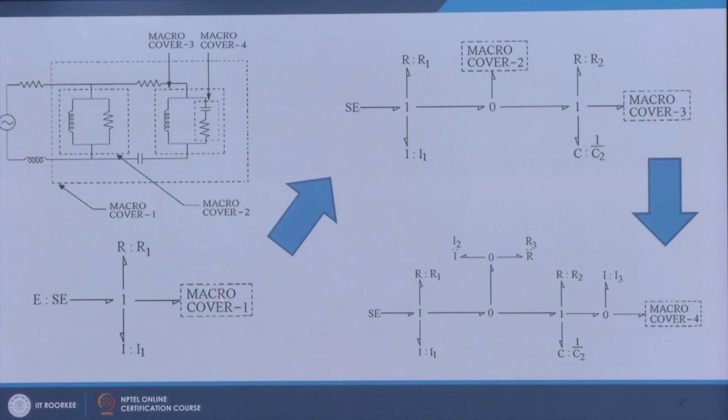Now, if I uncover this macro cover 1, then we have macro cover 2 here, which is in parallel with a resistor, capacitor and macro cover 3, okay, and again this resistor, macro cover 3 and capacitor are in series.